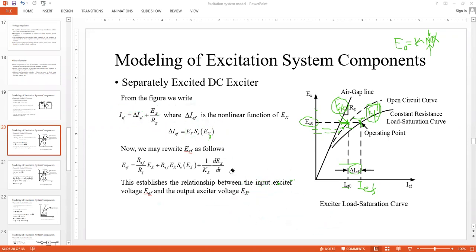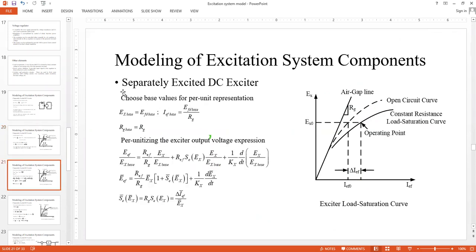Okay, so let's continue. We are talking about the bases and we have covered the bases. So ultimately you get, after some simplification and some manipulated assumption, this SEEX, and for this SEEX we get the per unit representation.